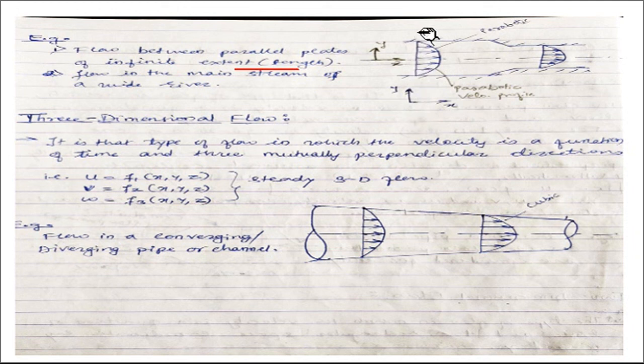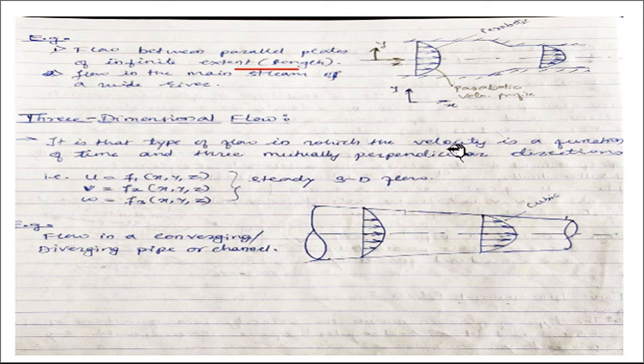At a given section, the velocity variation is parabolic, so it is varying with y. And when you change the section, the velocity further varies with x also, and is also varying with y. So it is a parabolic velocity profile.